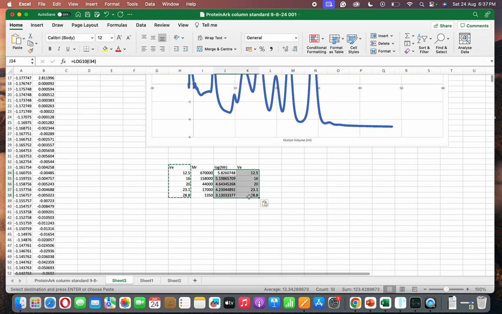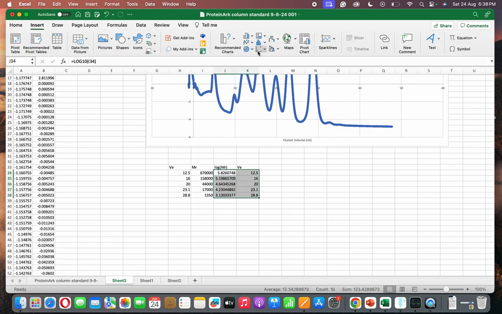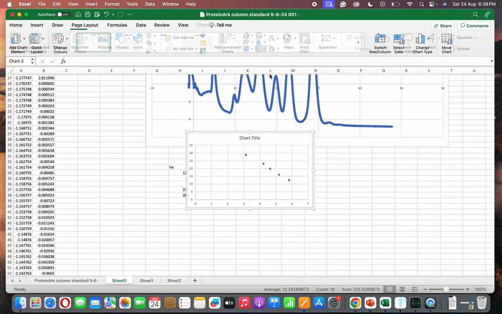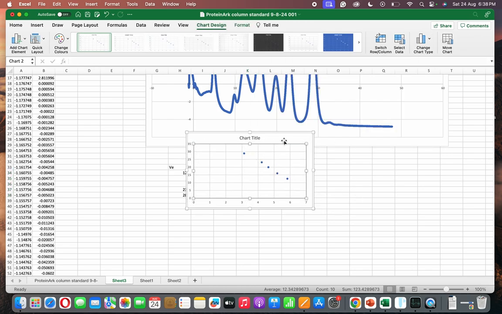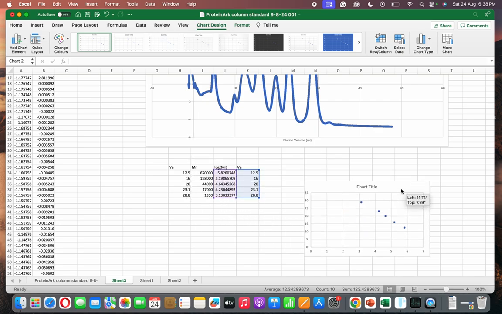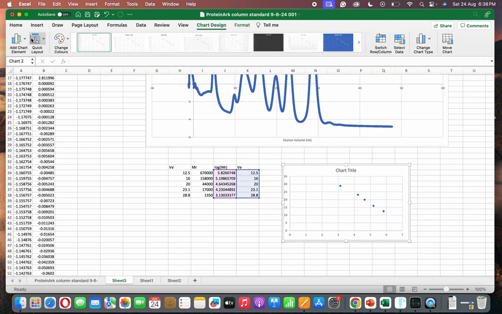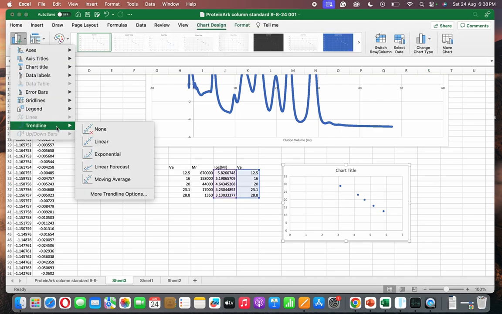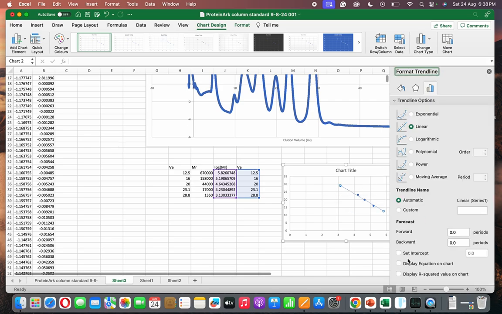So we'll just make this as a new plot. Already you can see that this has kind of formed a straight line, but let's quickly add the trend line.